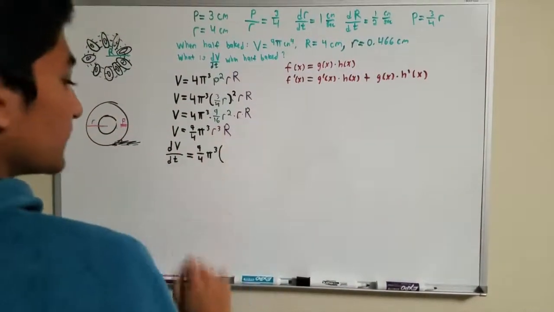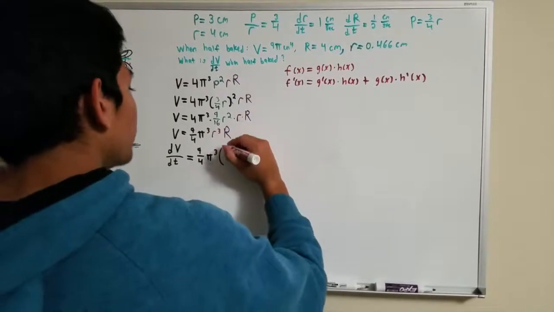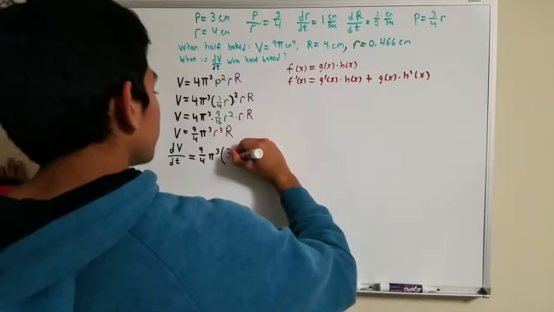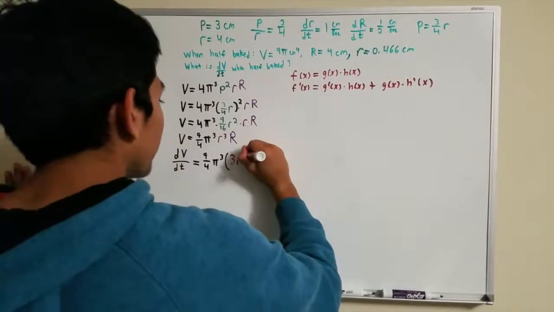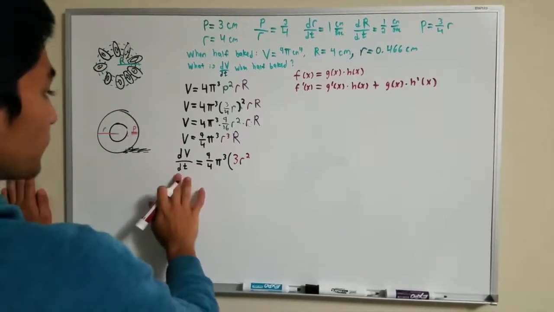If we do that here, we can see that the derivative of r cubed will be 3r squared using the power rule. And then we also want it with respect to time.